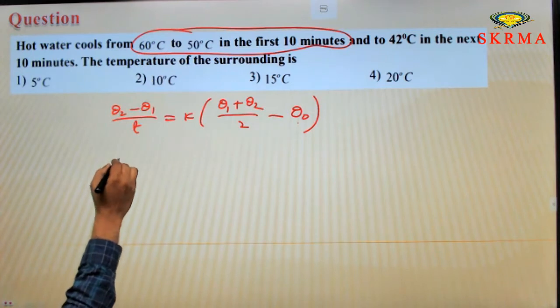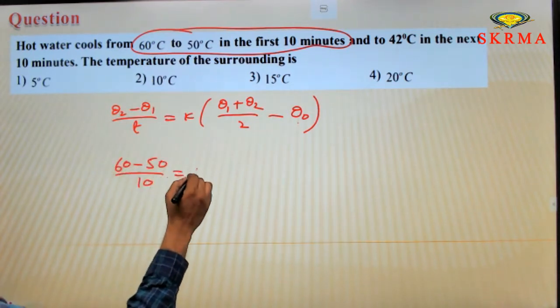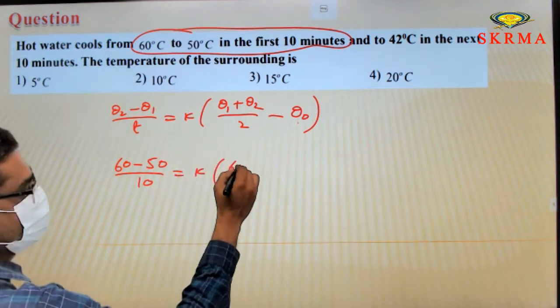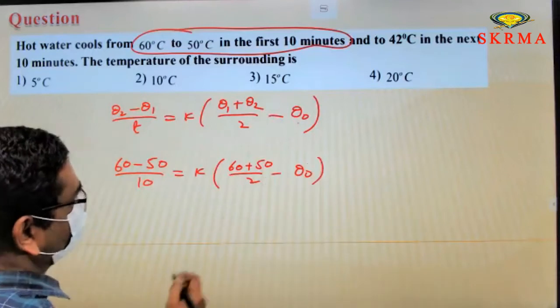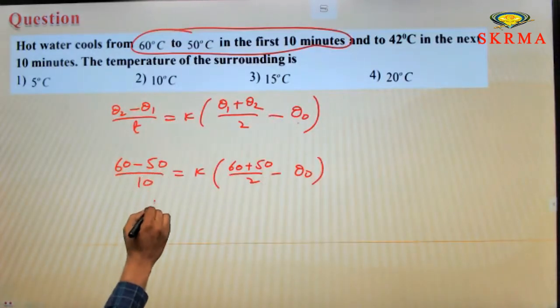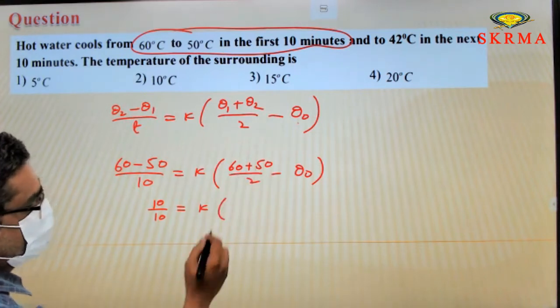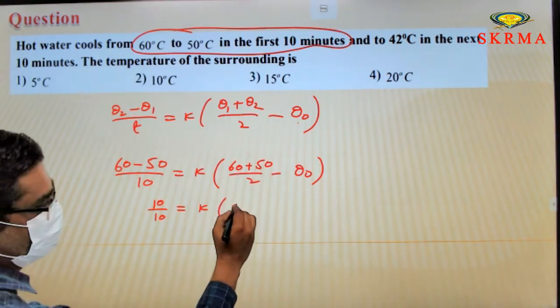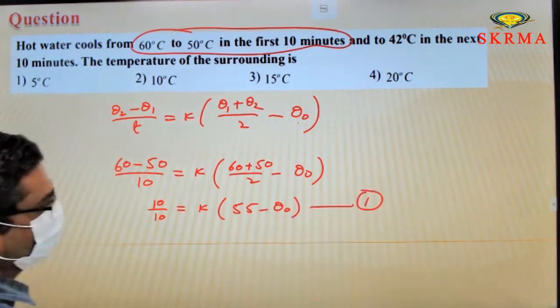Then 60 minus 50 by 10 minutes equals constant into 60 plus 50 by 2 minus theta naught, which we don't know. So 10 by 10 equals constant into 55 minus theta naught. Let it be equation number 1.